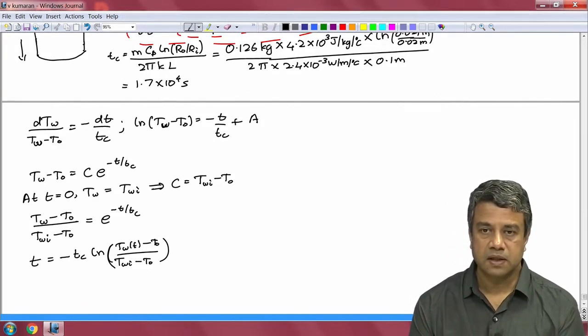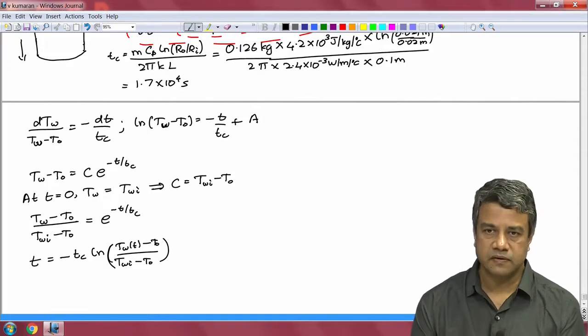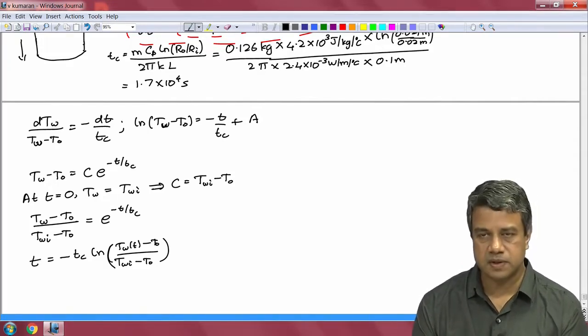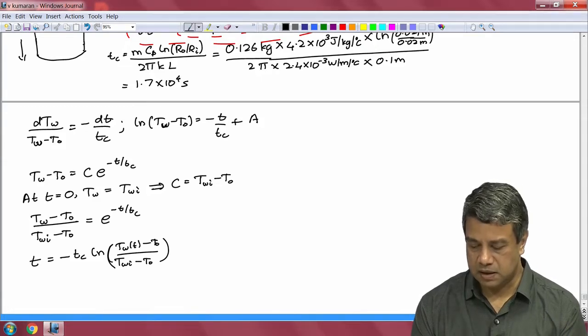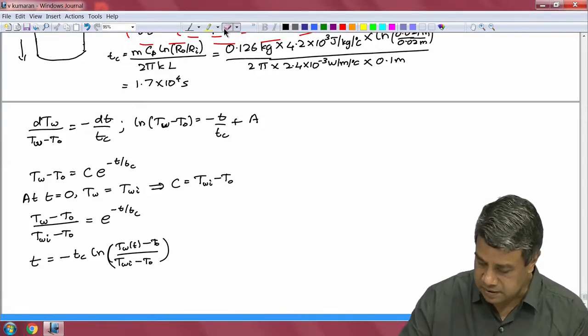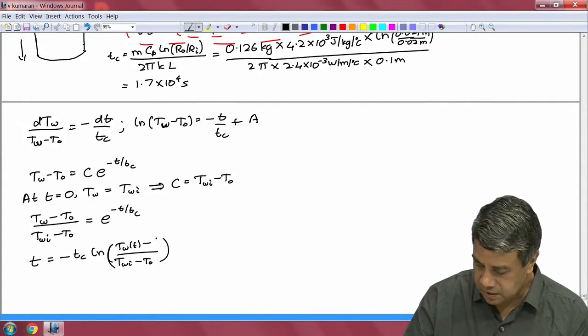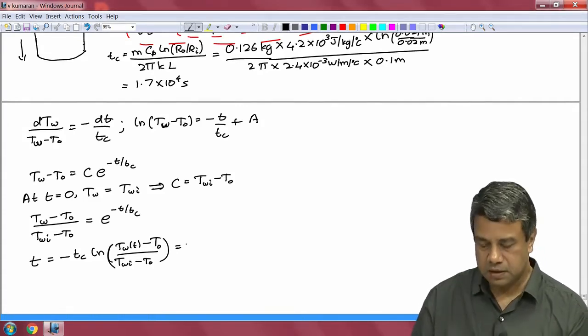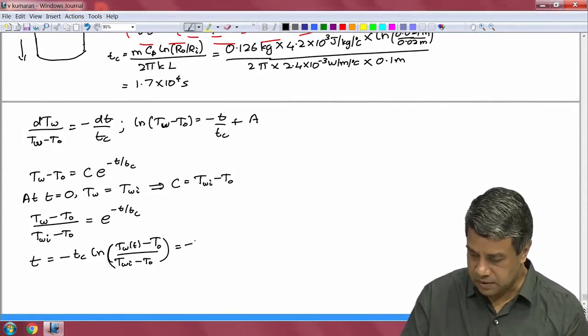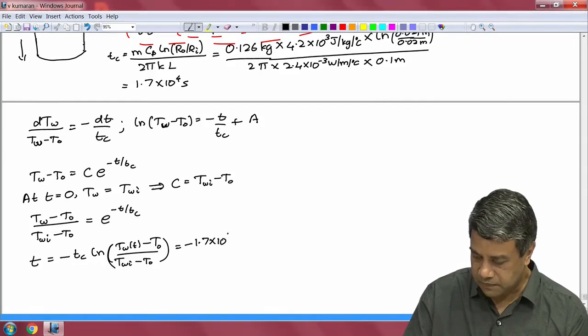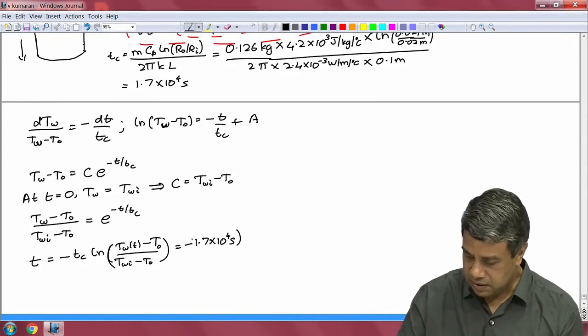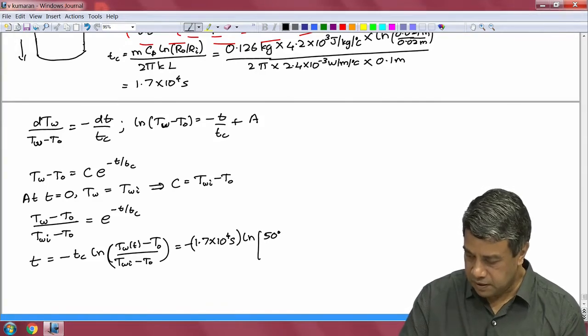We want to find out the time at which the temperature is 50 degrees centigrade, given the initial temperature is 100 degrees centigrade and T naught, the outer temperature, is 25 degrees centigrade. That is what we want to find out. So, this is equal to minus Tc, which is 1.7 into 10 power 4 seconds, into log of 50 minus 25 by 100 minus 25.